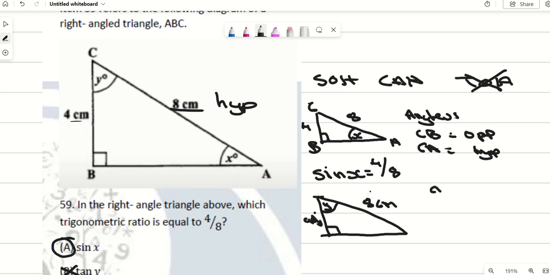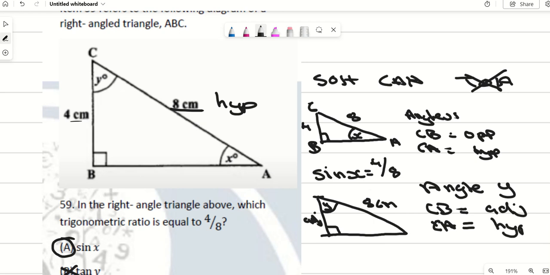If you're using angle Y, CB is your adjacent, and CA is still your hypotenuse. Your hypotenuse does not change. So cos Y equals adjacent, which is 4 over 8.